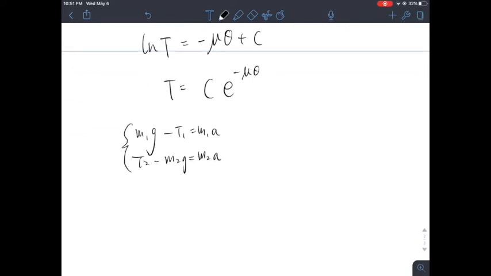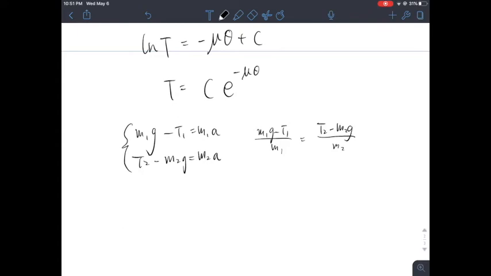Then by laying out Newton's law for a very classical pulley system, we can solve for T1 and T2. From the picture we see this system of equations that describes the motion of the blocks according to the tension.